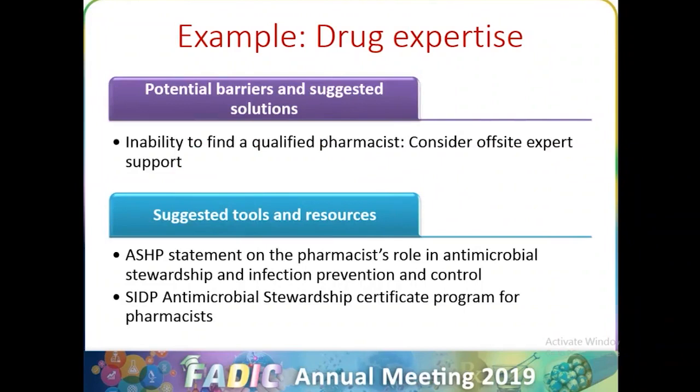For example, appointing an expert antibiotic stewardship pharmacist from a different hospital as a part-time, just to help establish the antimicrobial stewardship program, or seeking an agency that is experienced in antimicrobial stewardship as well.